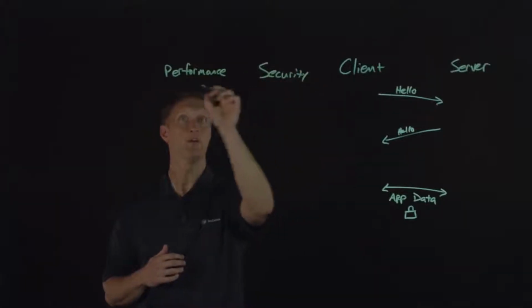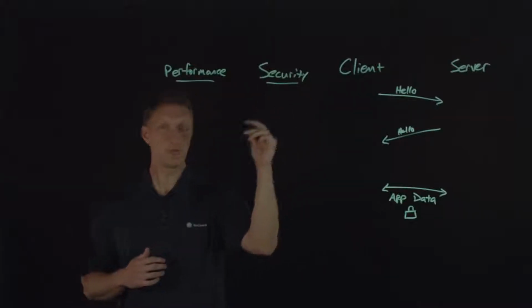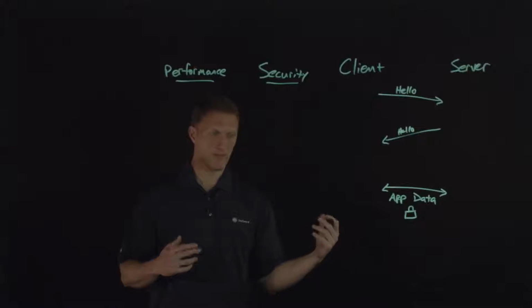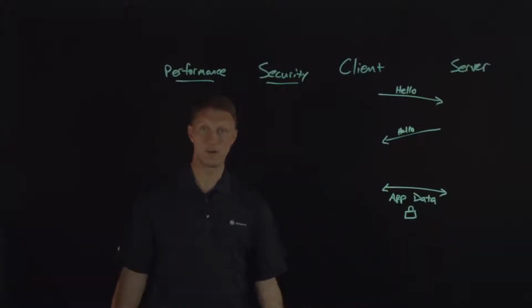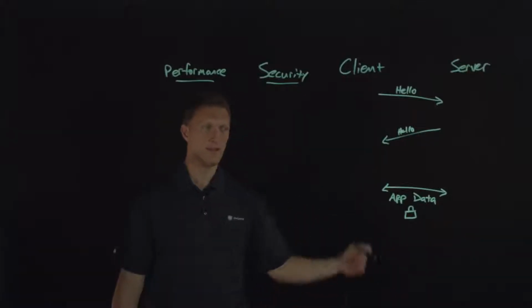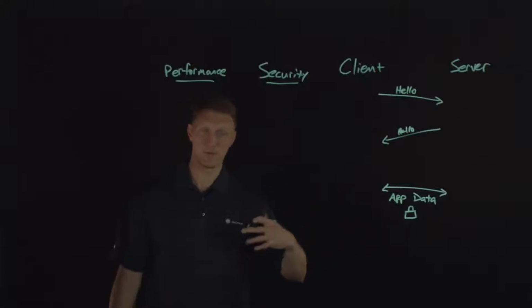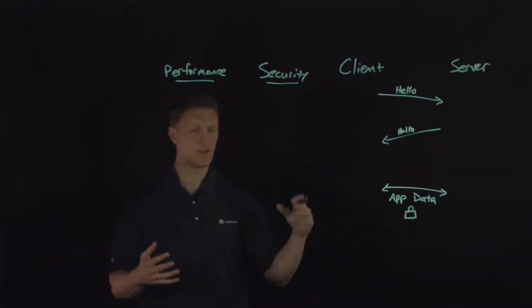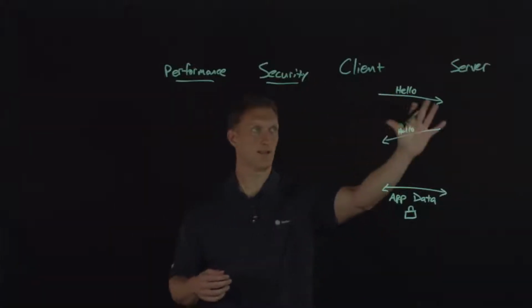All right, so on the performance side, as the IETF went through it, they thought, if we're going to create this new protocol, this TLS 1.3, it had better be better than the old protocol, of course. And one of the things that they talked about was this performance issue, and we'll go back here quickly to client and server.